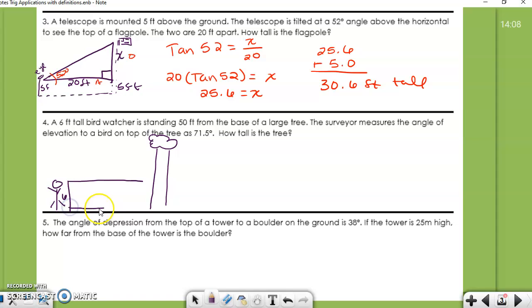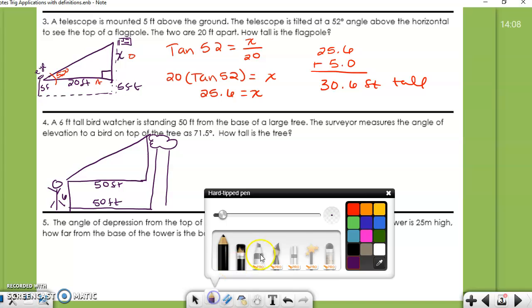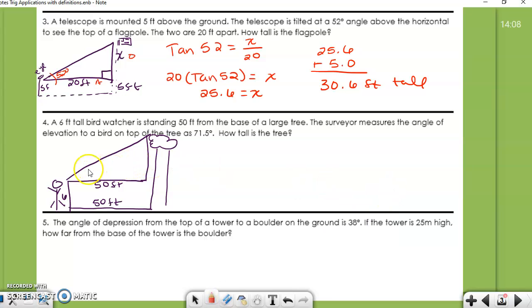We know that we are 50 feet here, so that's going to be 50 feet here. And we know that our angle looking up is 71.5 degrees. How tall is the tree?